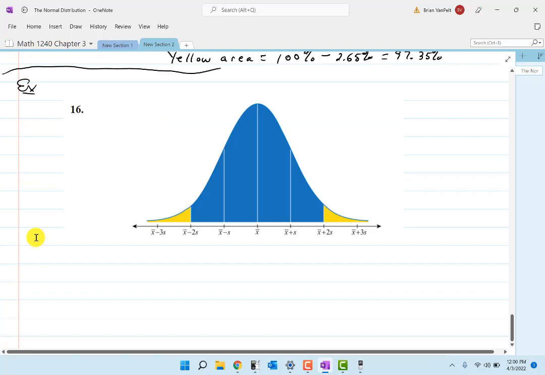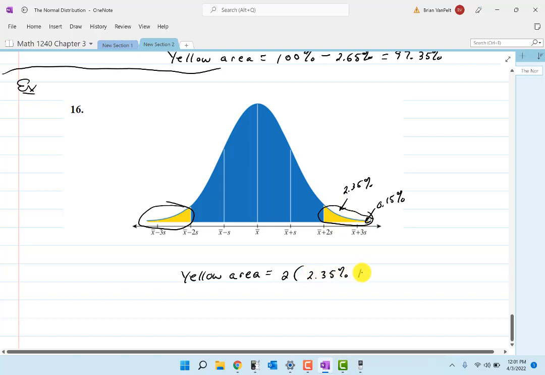All right, for these areas, what I'm going to do is this. What I get is, for the yellow here, I get 2.35%, and for that little piece at the end, I have 0.15%. So the yellow area equals 2 times that, because you also have that same quantity over here. So I've got these two pieces for my yellow. I'm going to do 2 times this. I'm using the symmetry of the 2.35% plus the 0.15%.